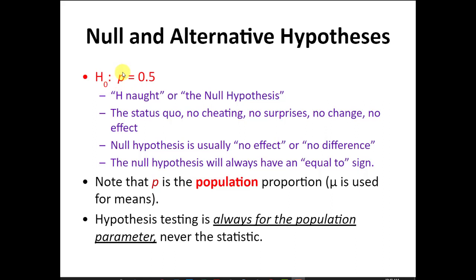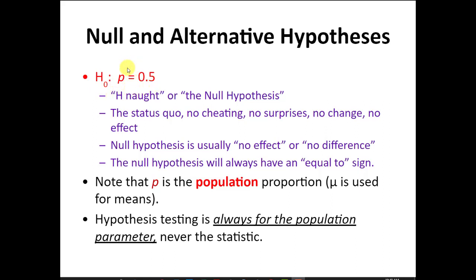So here, if I'm working with proportions, I would use a P and then write what I expect the population parameter to be. In the case of the cards, we expected the proportion of red cards in a fair deck to be 50%. So I've written the null hypothesis as H naught: the proportion equals 0.5.